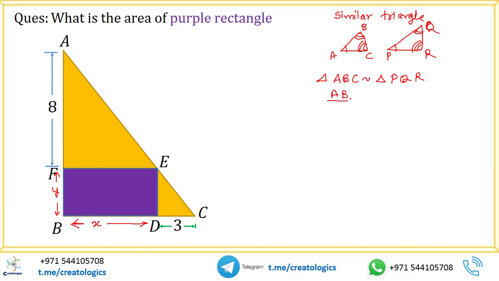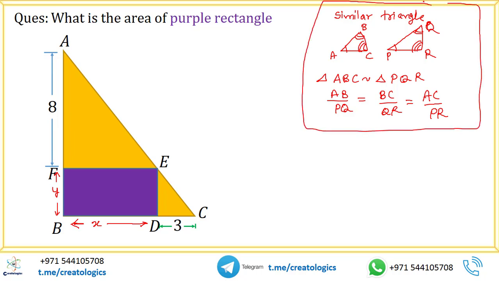That means AB over PQ is equal to BC over QR is equal to AC over PR. If triangles are similar, then we can use this. That's the concept we are going to use for this question, so note down these things and let us solve it.